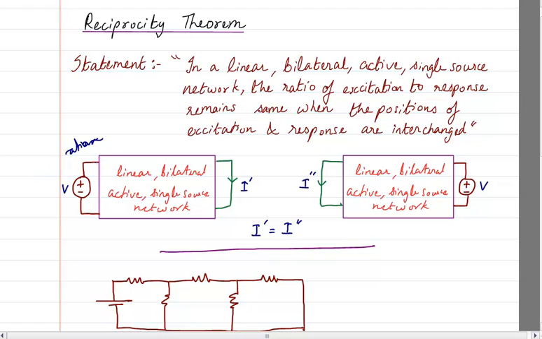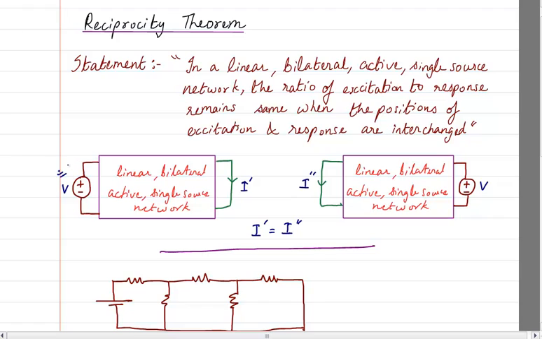Some element which gives power or which excites. It can be a voltage source or a current source, so it is called excitation. And because of that excitation, there is some response, and that response is the flow of current in this particular branch. So this is response and this is excitation.